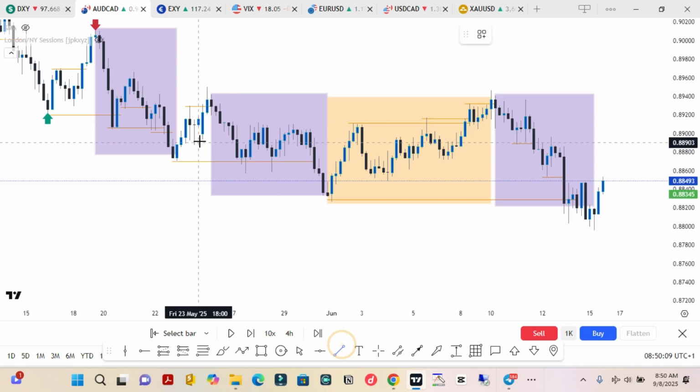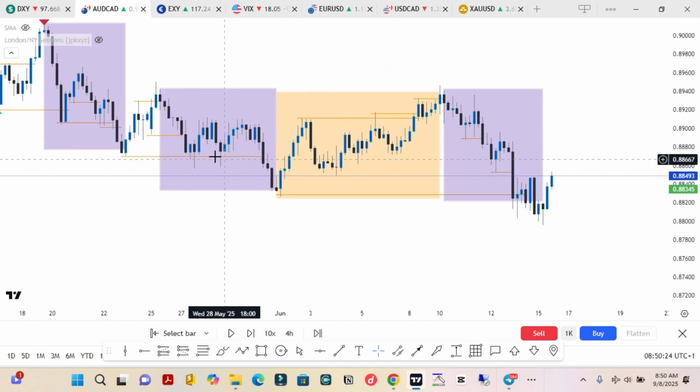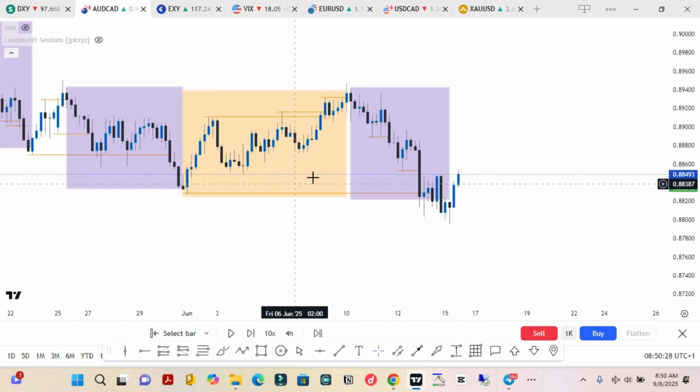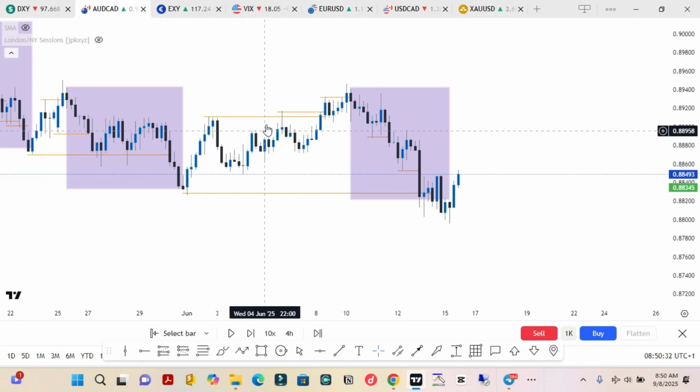So at this point that I'm having this break of structure right here, for instance, that is where I'm going to be focusing to look for sales from here, because this particular structure is in confluence with my overall structure. This is where I'm going to be looking for more sales. The same thing here, this one is opposite the overall direction of the trend.